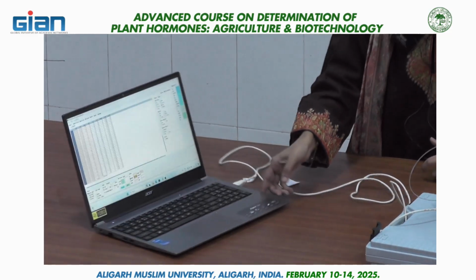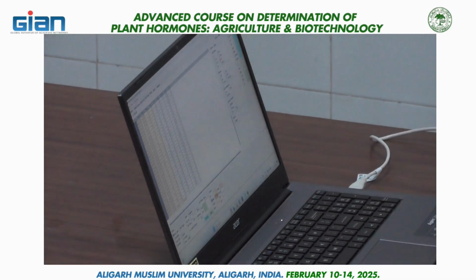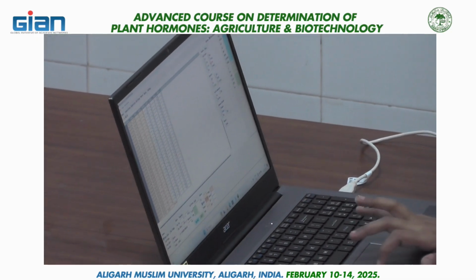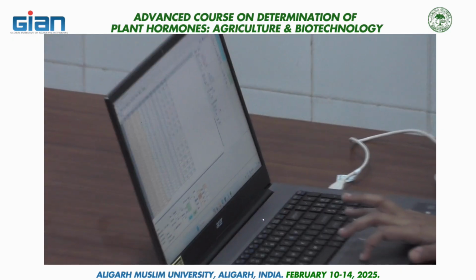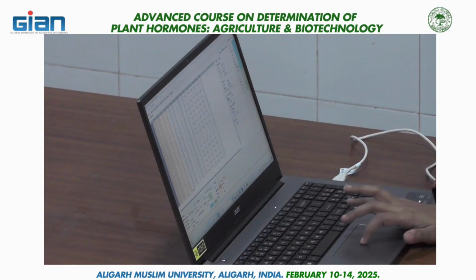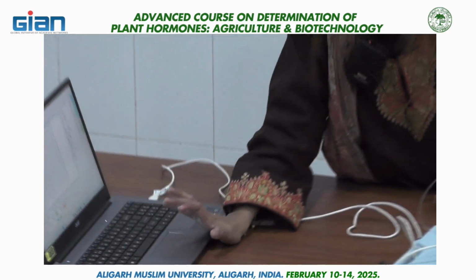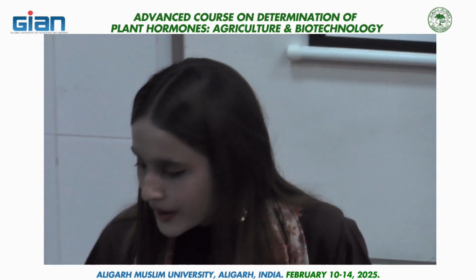We have to select all the desired parameters which we are going to take. Suppose I am selecting all parameters: QP, QN, QL, NPQ, Y, F naught, Fm, and Fv by Fm. This particular set is already calibrated.